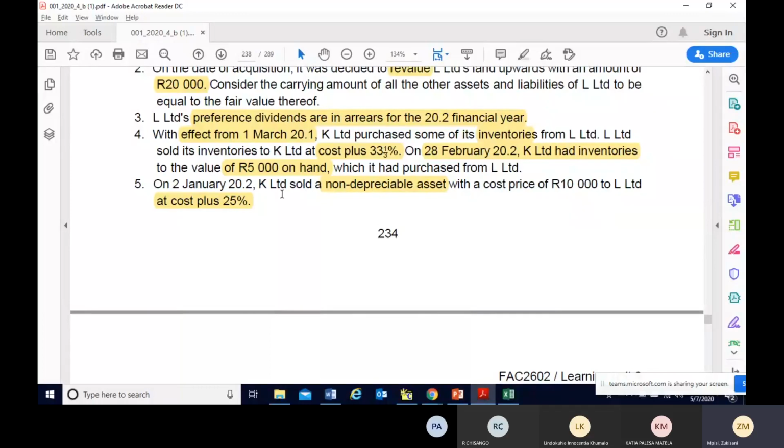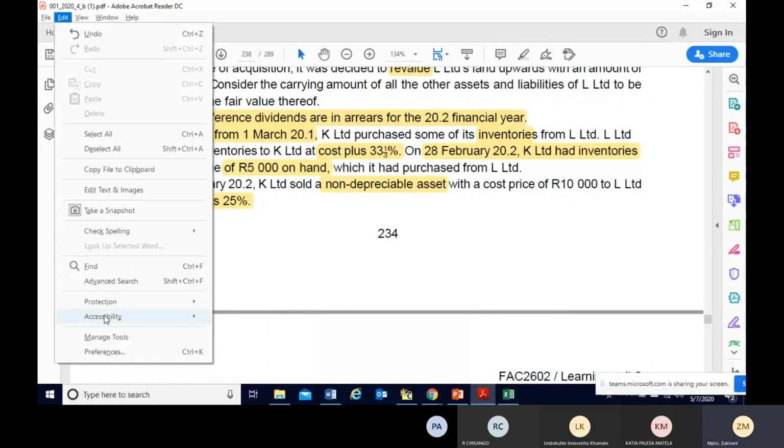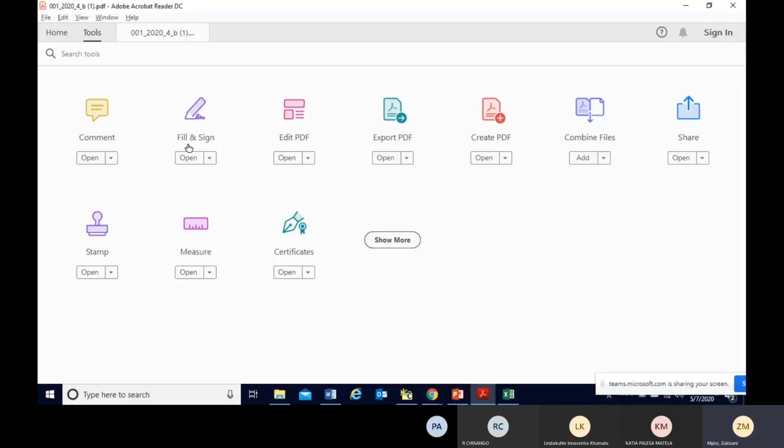We are doing the analysis of equity for a subsidiary. So let us put a comment here so that you are able to understand the difference.